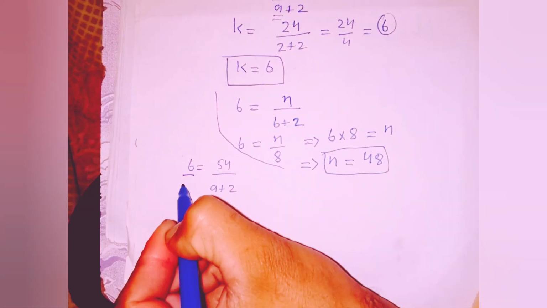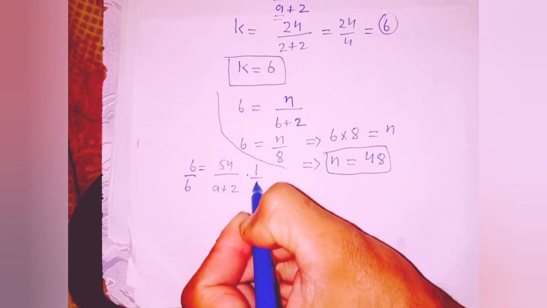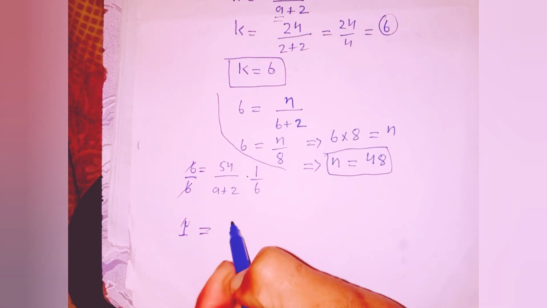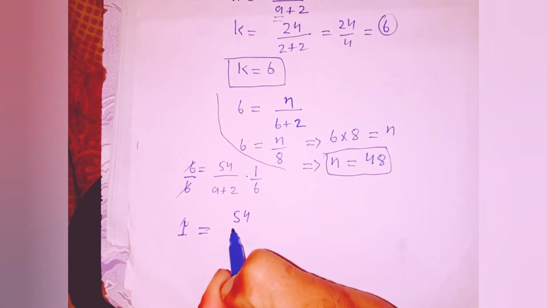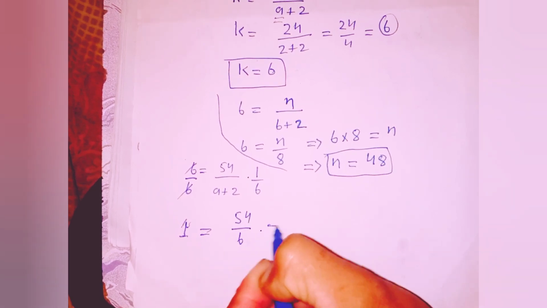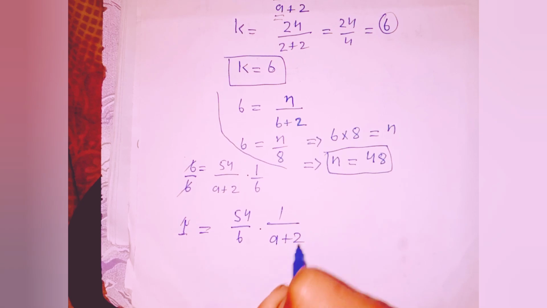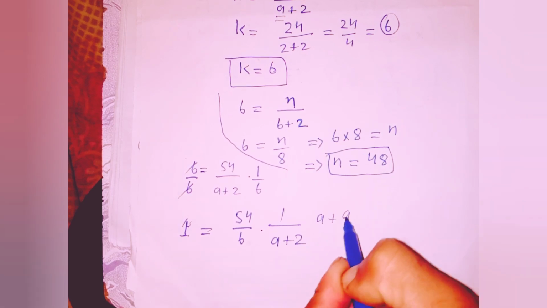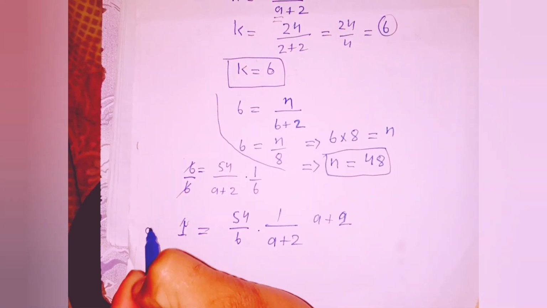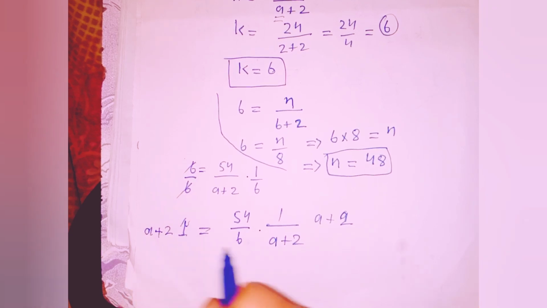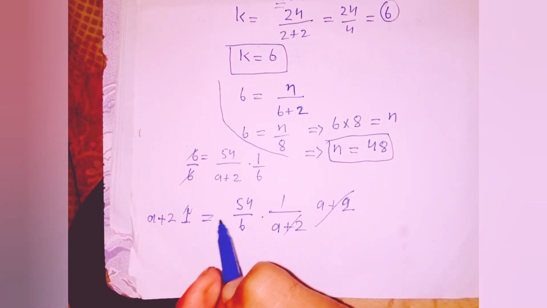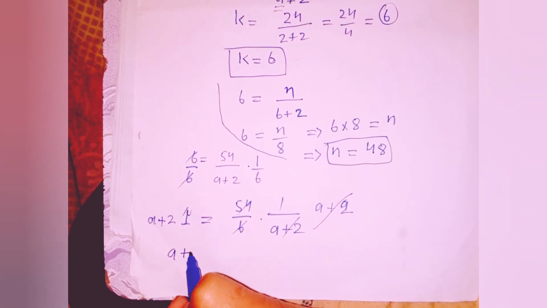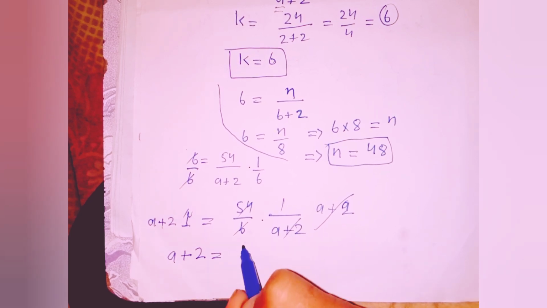Divide both sides by 6. Here we get 1 is equal to 54 divided by 6 into 1 over a plus 2. Now multiply both sides by a plus 2. So here this cancels, and from here we get 9, because a plus 2 is equal to 9.